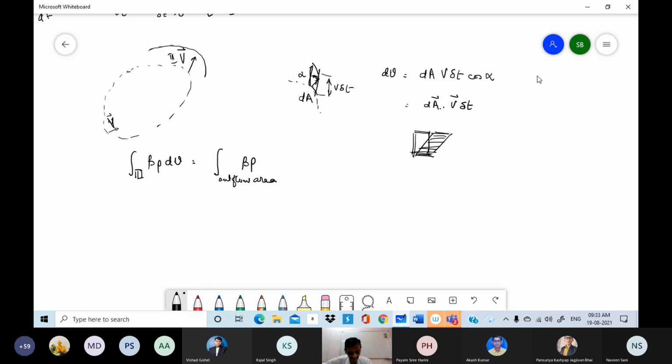So in the outflow area, cos alpha is the angle between dA and V. So then dA dot V is dA V cos alpha. So this is what I've written. Yes, sir, got it. Okay.